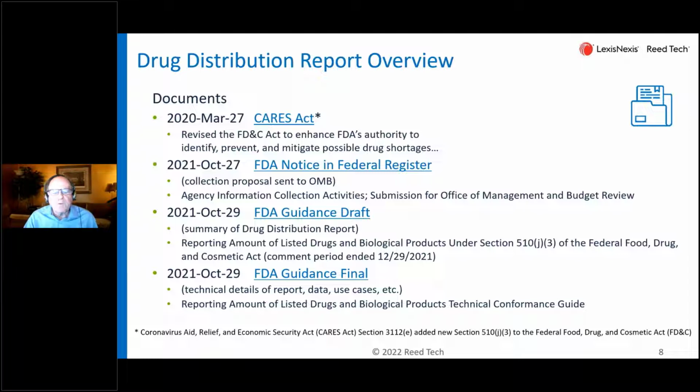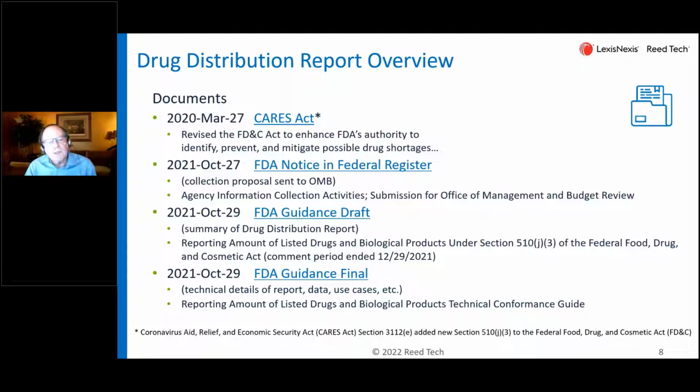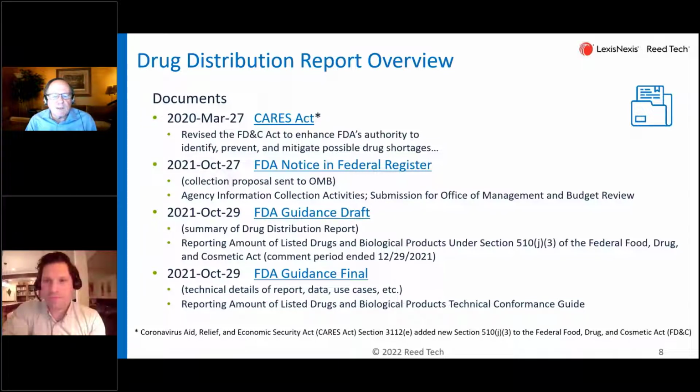We're all familiar with what was rolled out in that act, but embedded in there, which may not have caught your attention initially, were some additional clauses indicating that FDA now has the authority and challenge to identify, prevent, and mitigate possible drug shortages. So that's the root of this particular report.